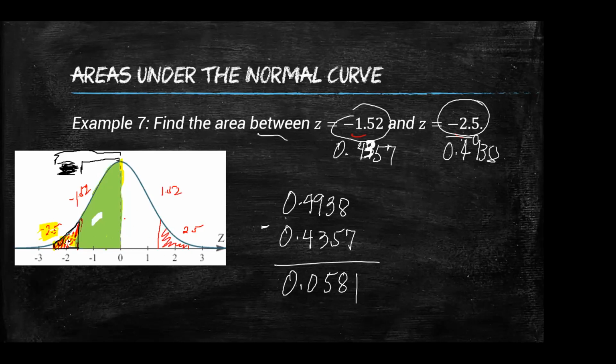Okay? So, si 2.5, yung area niya is from here, papunta dito sa center. Si 1.52, dito from here, papunta rin sa center. So, may overlapping ulit. Kung saan sila nag-overlap, tanggalin mo yon, which is yung buong area ni 1.52. So, ganito lang din ulit yung gagawin. Okay? So, ganun siya.